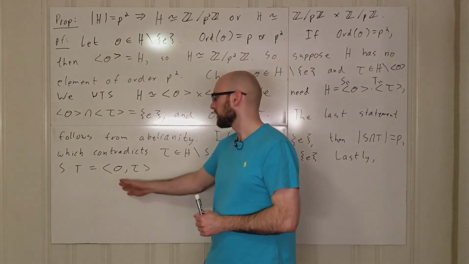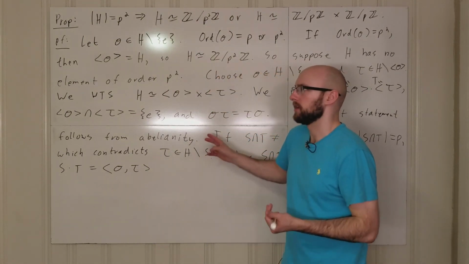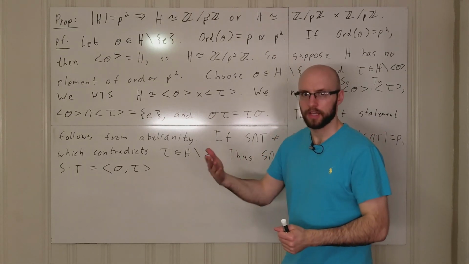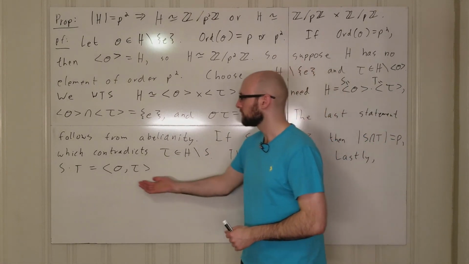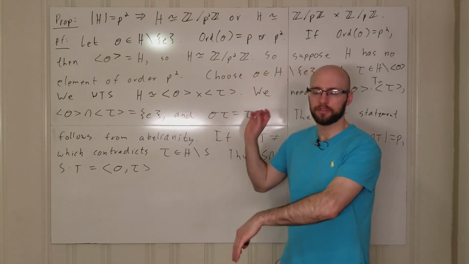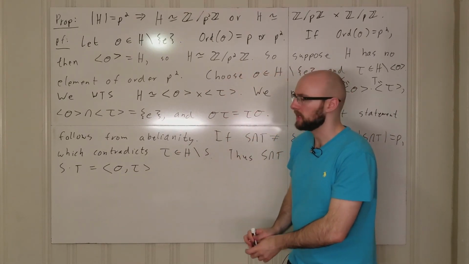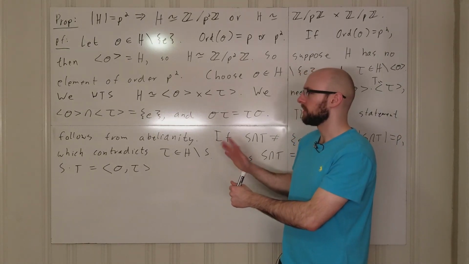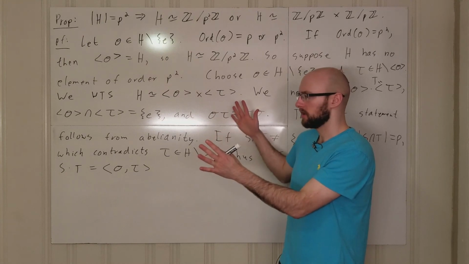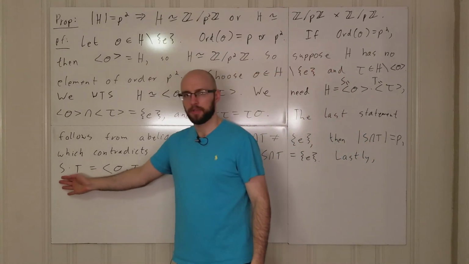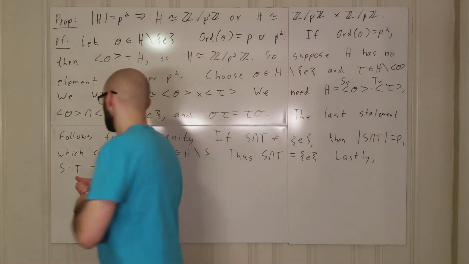Algebraists call these words: just a string of symbols where you've got sigma and tau raised to different powers, and those powers can be any integers. Then you use abelianity to put all the sigmas together and all the taus together, and then bam, you've got something in S times T. And so that's why we have this equality.